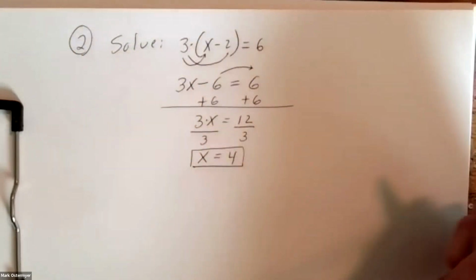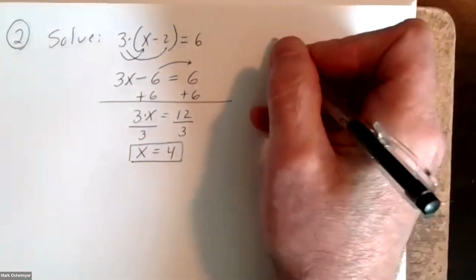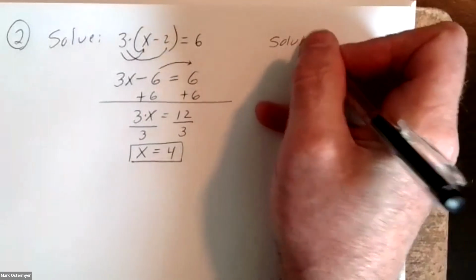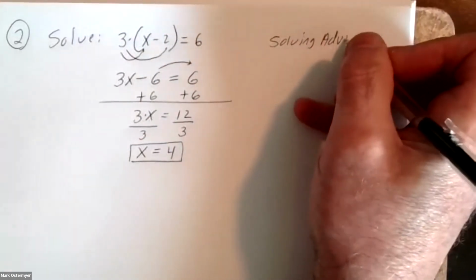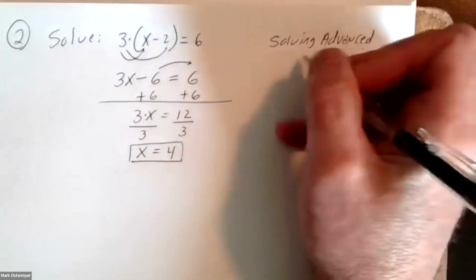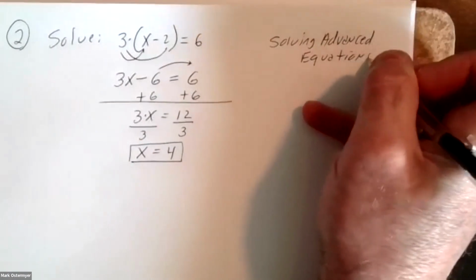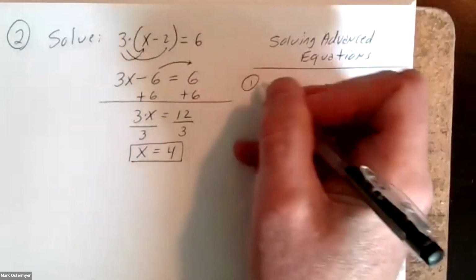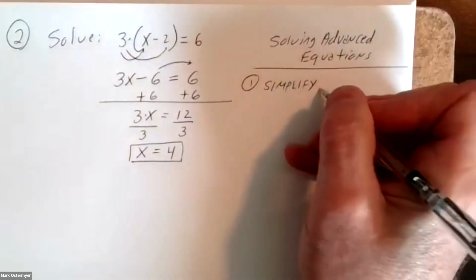Okay. So, solving more advanced equations. How do we attack them in general? Well, step number 1 is you want to try to simplify both sides of your equation first.